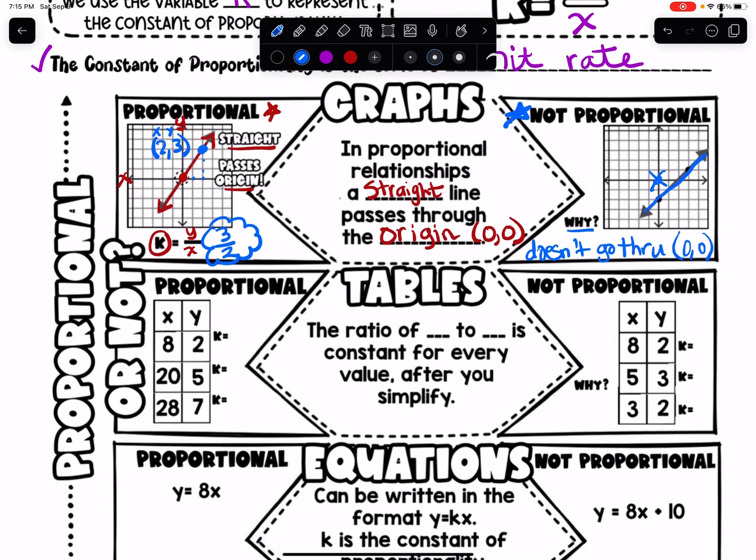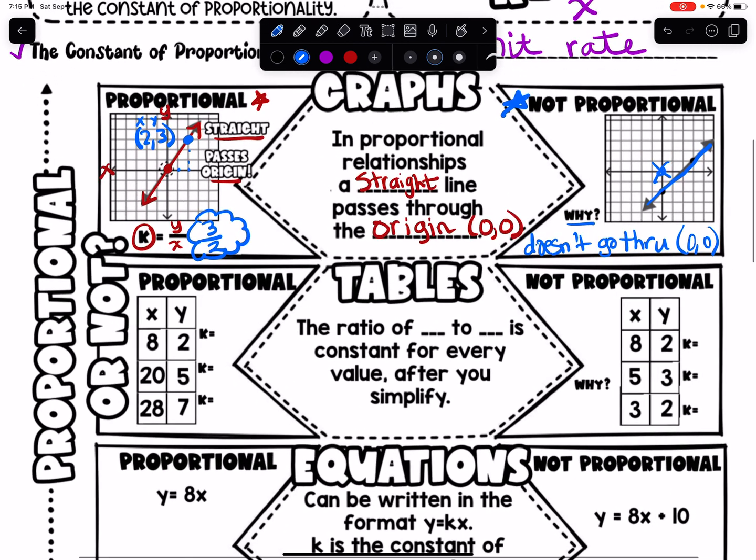All right, so moving right along, if we are given a relationship in a table, not in a graph, and we want to find out if that's a proportional relationship, we are still going to find the ratio of y to x and see if it's constant, to see if it's the same for every pair of numbers in your table. So here are my x's and here are my y's. The x's are always the first set of numbers and y is always the second set of numbers.